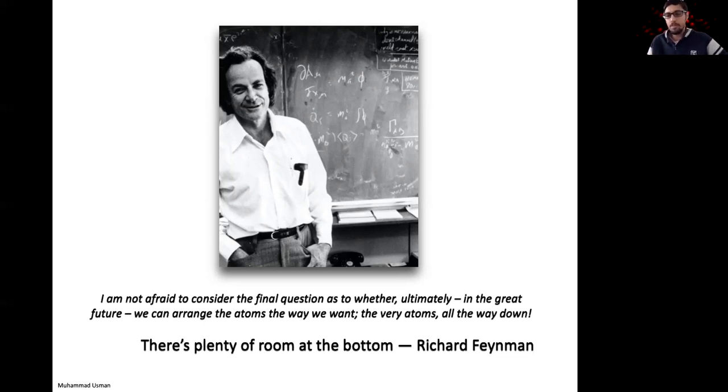Although this has been around for many years, initially the progress was very slow because the technology wasn't there to manipulate and process single atoms. During the last couple of decades, now the technology has progressed to a level where we can actually look at individual atoms, we can manipulate individual atoms, and therefore quantum computing is becoming closer to reality.